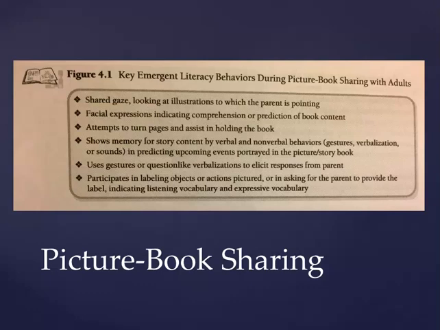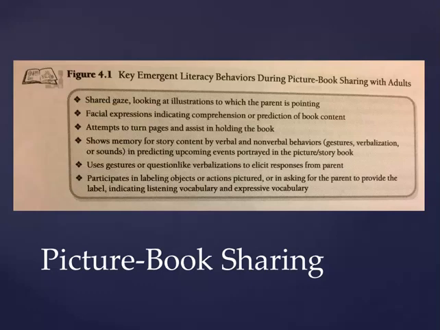So they can have a conversation with the adult about the book. They participate in labeling the objects or the actions that are in the illustrations, and they might ask the parents to give them a label, like asking, what is this? And what is the name of this?